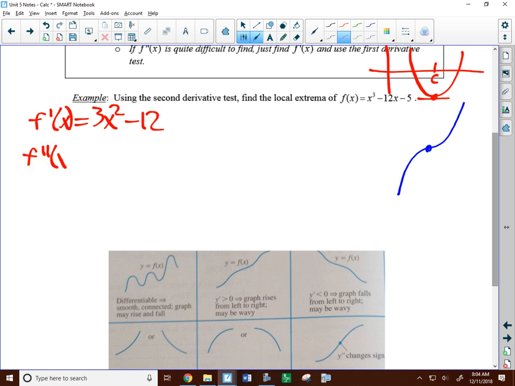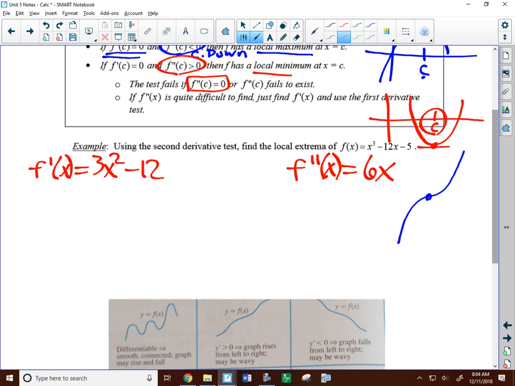Second derivative is 6x. So what I need is, I need to know where the critical point is. C is a critical point. Okay, so I did first and second derivative. I need to know where C is though.